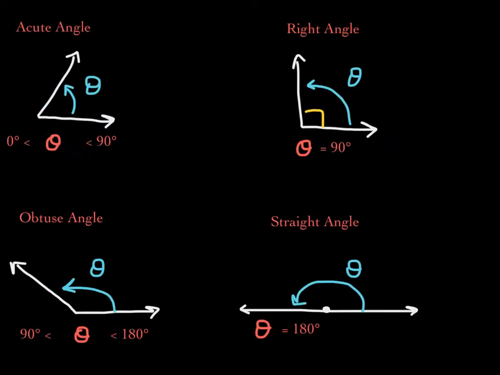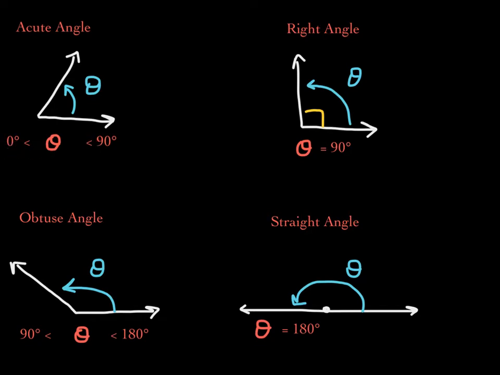Some more terminology for us. An acute angle is an angle whose measure is between 0 degrees and 90 degrees. I'm using the Greek letter theta to denote the measure of my angle. So theta, if it's an acute angle, then theta has to be greater than 0 degrees, but strictly less than 90 degrees.